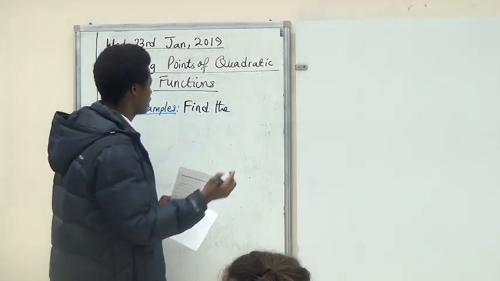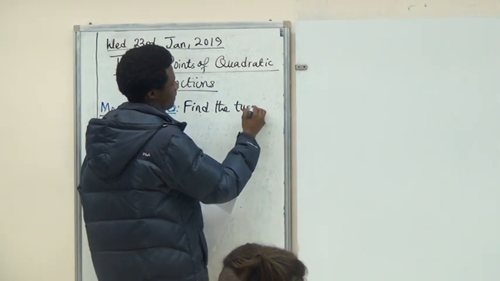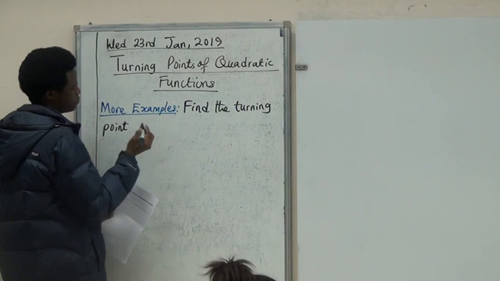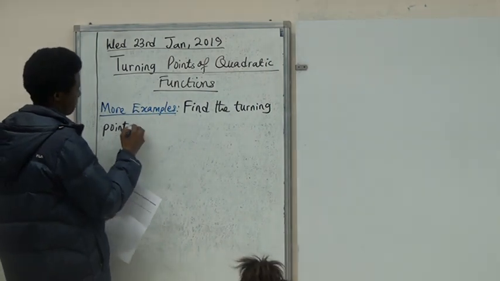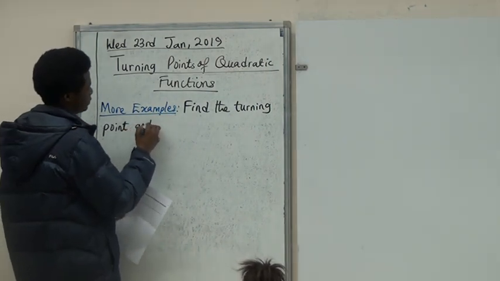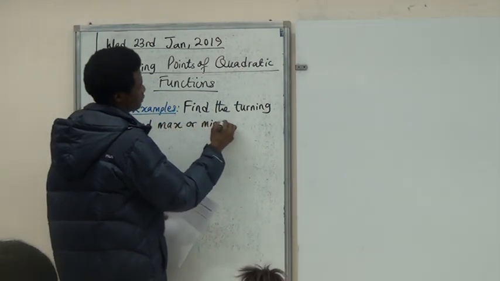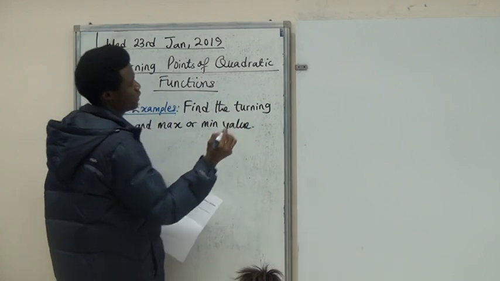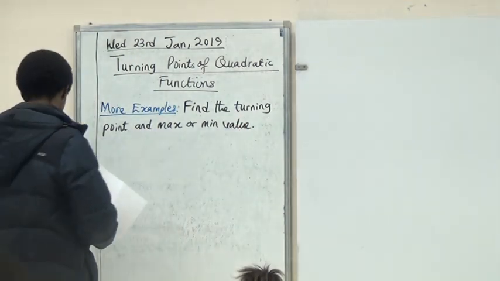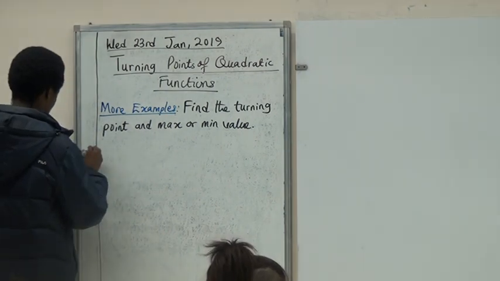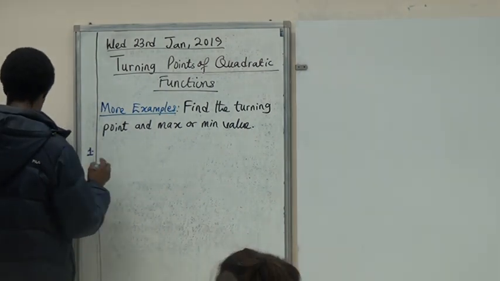Find the turning point. Find the turning points. Okay? And you, of course, will state the maximum or minimum value depending on the nature of the question. I will advise that we listen so we don't ask unnecessary questions later.